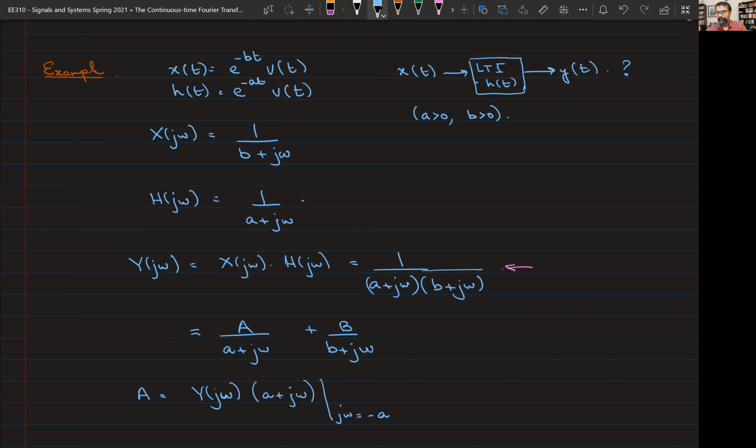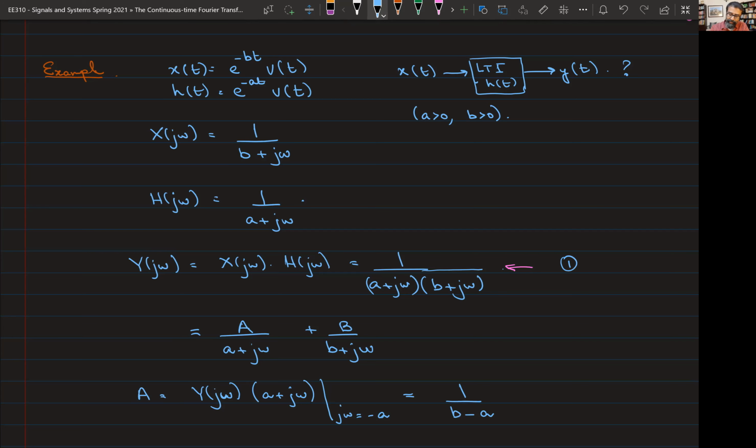That would ensure that the b term cancels out and you're going to be left with A. And therefore, this turns out to be equal to 1 upon, I'm skipping steps here, b plus a, b minus a, sorry. I'm just plugging this in here in equation number 1.